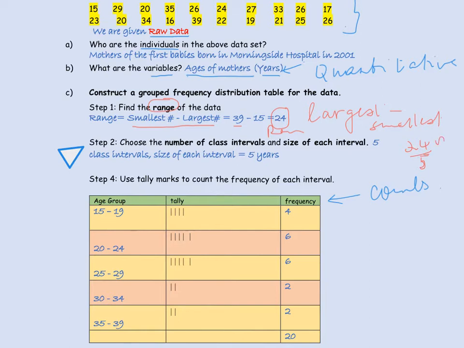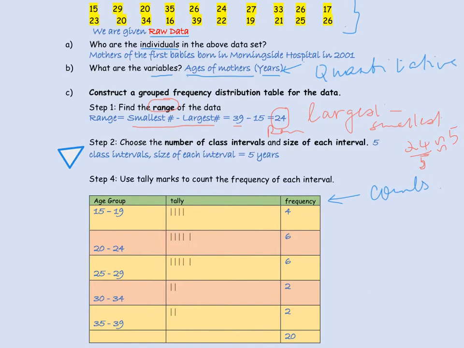It is approximately equal to 5. So the size of each bin is about 5 years. So each bin will range from, let's say, 15 to 19 years, which is about 5 years, 20 to 24, which is another 5 years, 25 to 29, and so on.